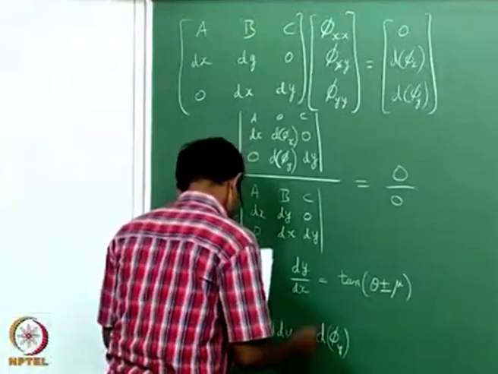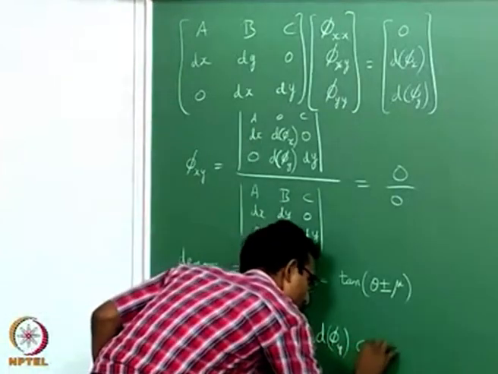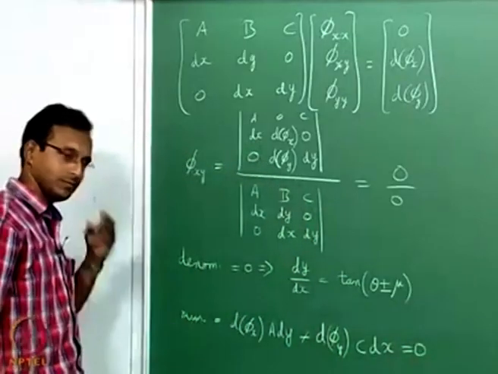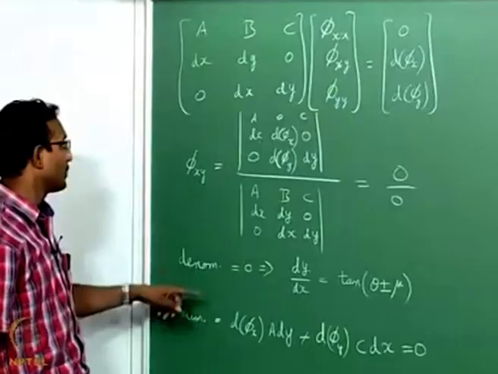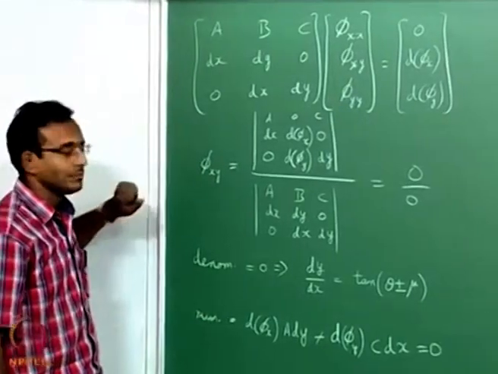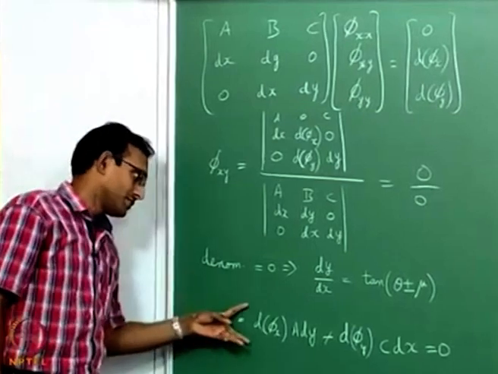So that minus will just go away and becoming plus c dx, and I am forcing it to be equal to 0. And I am saying it has to be 0 because I am looking at this phi xy indeterminate form. Okay. So I am getting this form.